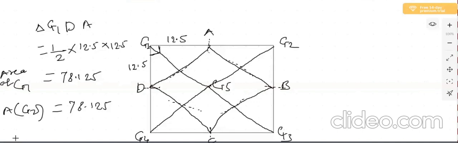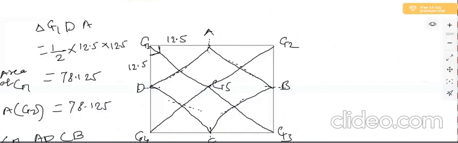Can you tell me how much is the area of square ADCB? Or can you tell me the logic so that we can find it out? 312.5.